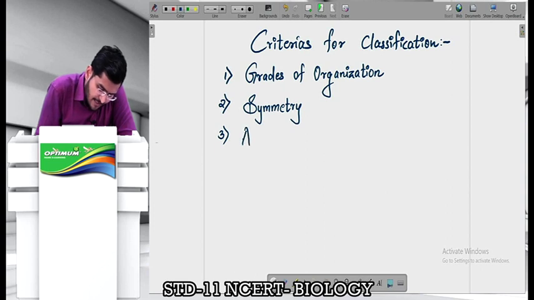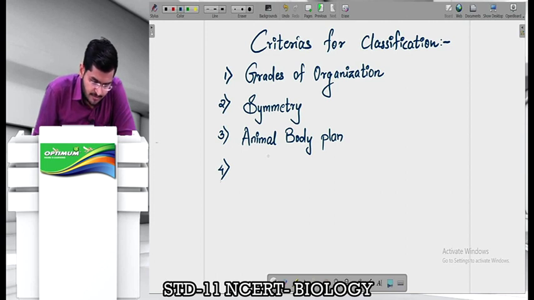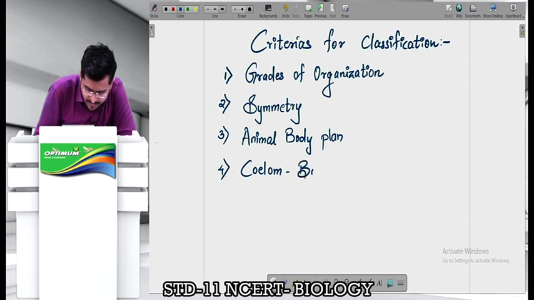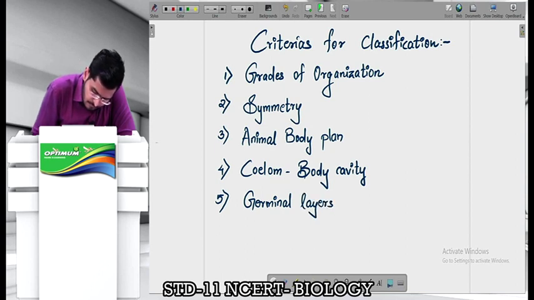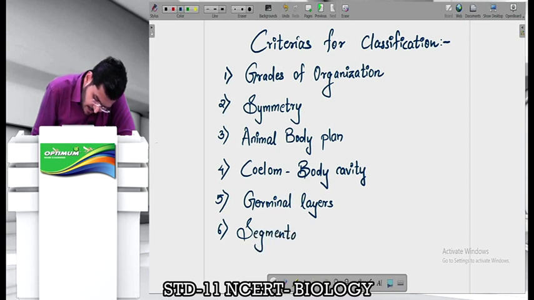The third criteria is animal body plan. The fourth criteria is going to be coelom, which is also known as body cavity. The fifth criteria is going to be germinal layers. And the sixth criteria is going to be segmentation.